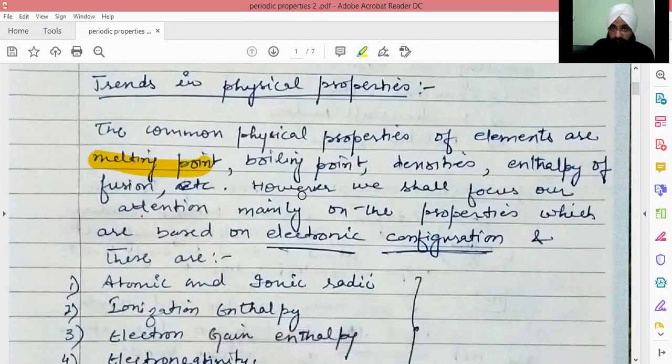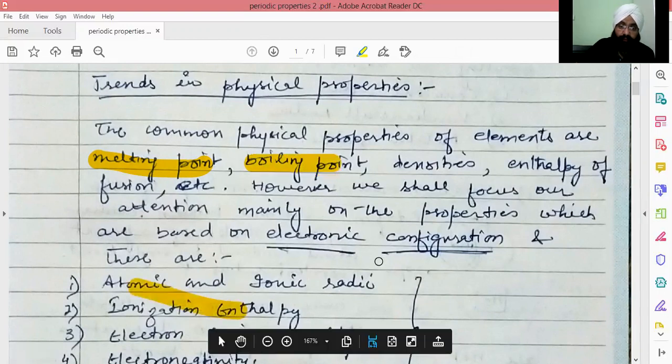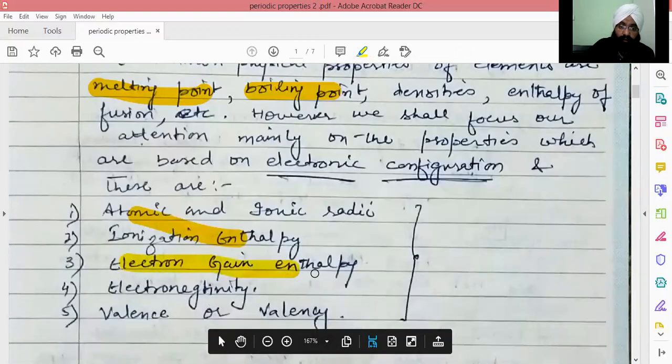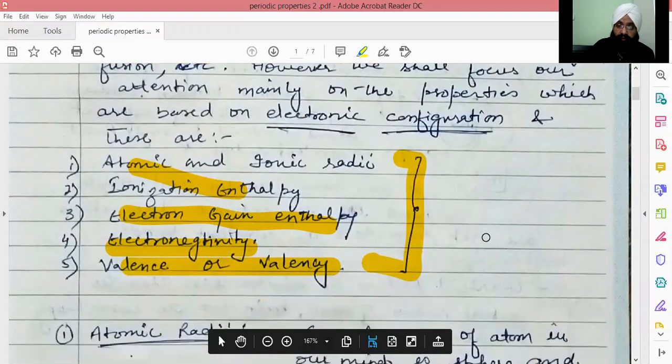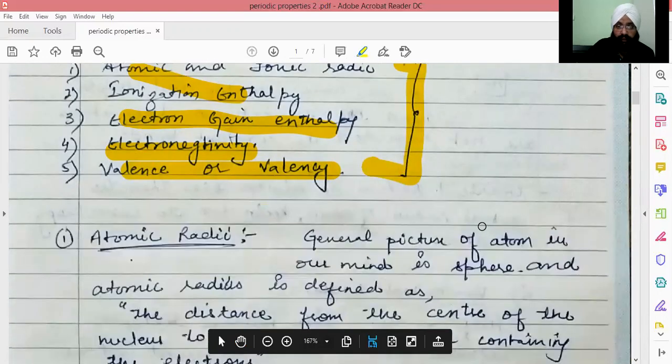However, here we will focus on properties like atomic and ionic radii, ionization enthalpy, electron gain enthalpy, electronegativity, valency. All these are directly linked to the electronic configuration of the atom.